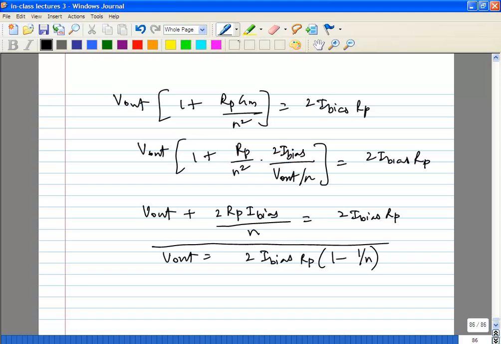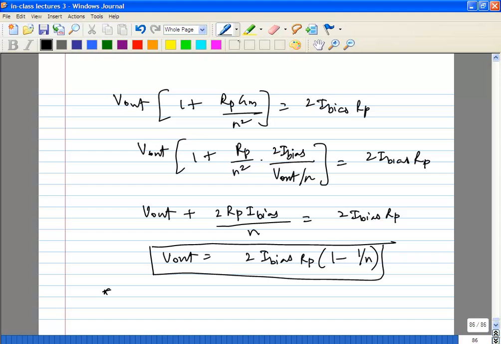This is your output amplitude. You design with a certain turns ratio, you can find out what your output amplitude is. Is that clear?